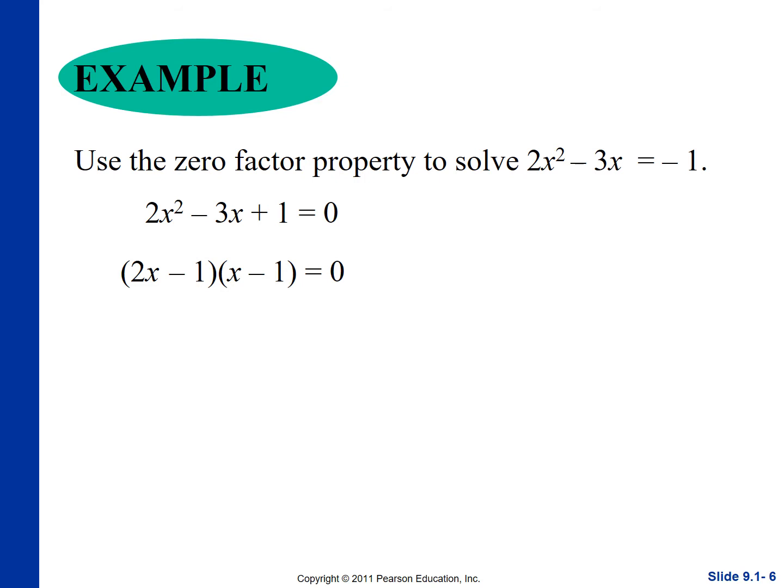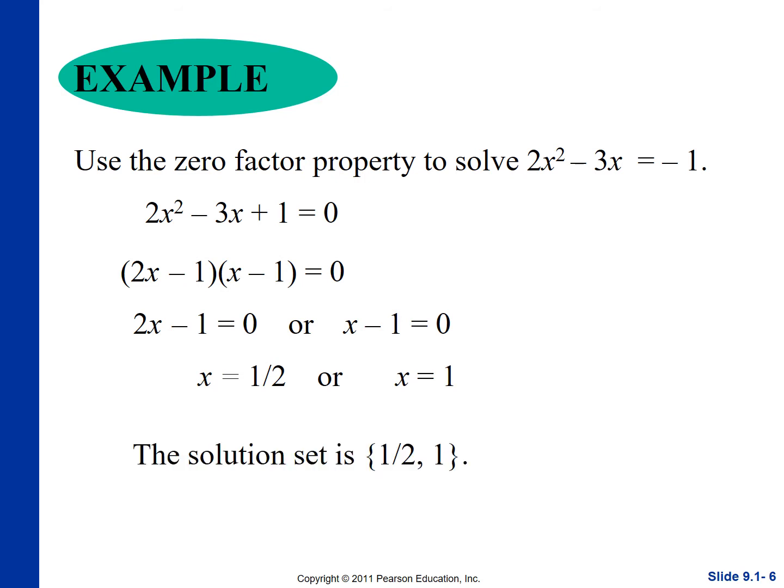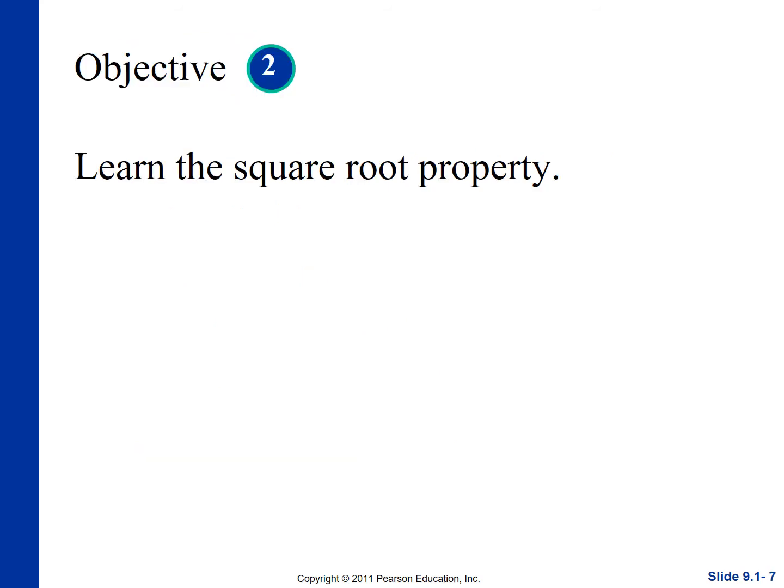This has been a while, so you may want to review how to factor these. So 2x minus 1 equals 0, or x minus 1 equals 0. So x is equal to 1/2, or x is equal to 1. Either one of those will make that equation work. So our solution set, in proper set notation, is 1/2 and 1.